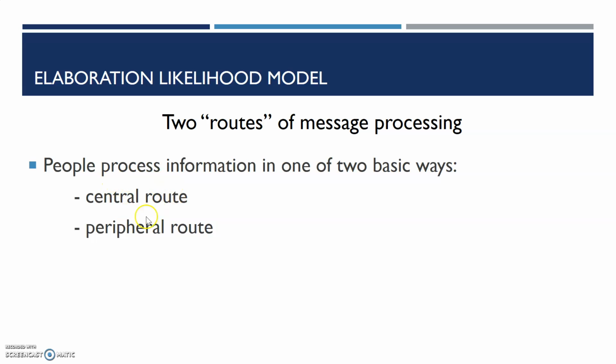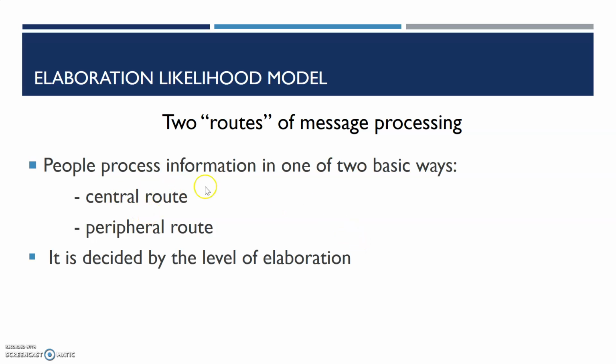The first route we call the central route, and the second one we call the peripheral route. Which route you are taking is decided by the level of elaboration. Again, which route people take when they process information is decided by how much thinking, how much effort people put into the issue, into the situation.